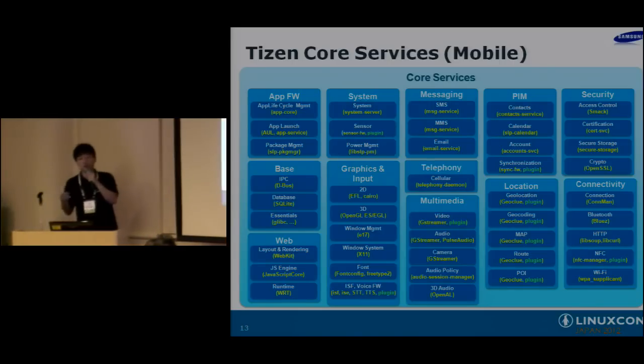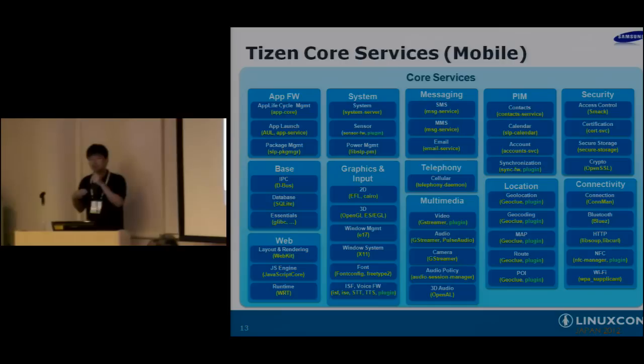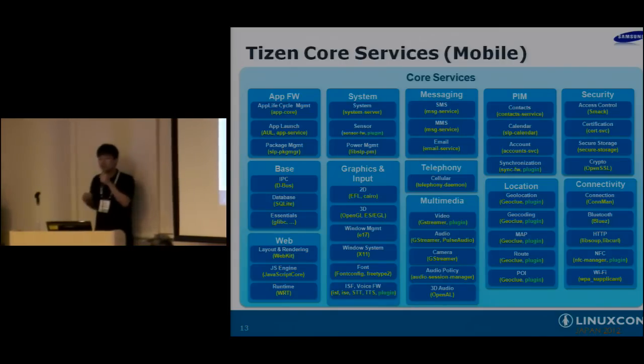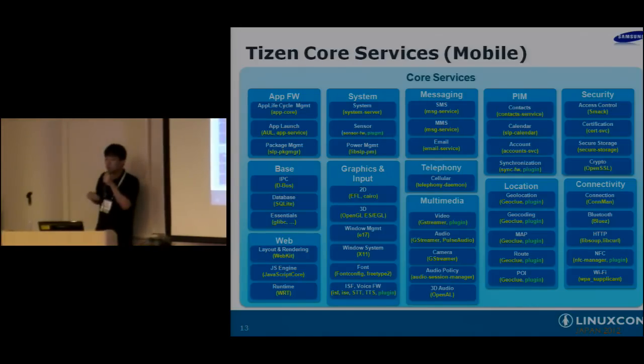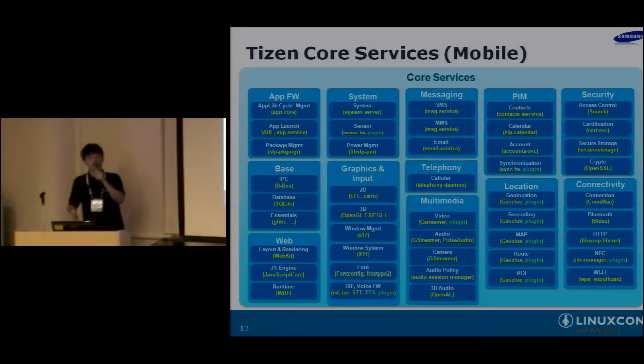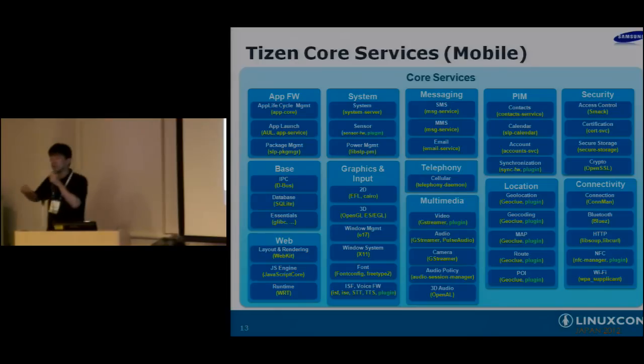The yellow text is the name of a package or Git repository, and some of the blue text supports the plugin architecture. The application framework also supports application launching, and there is installation of packages there.